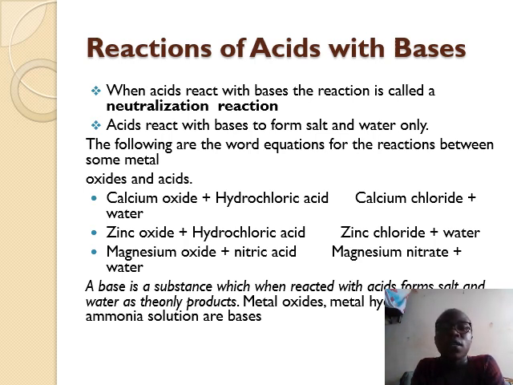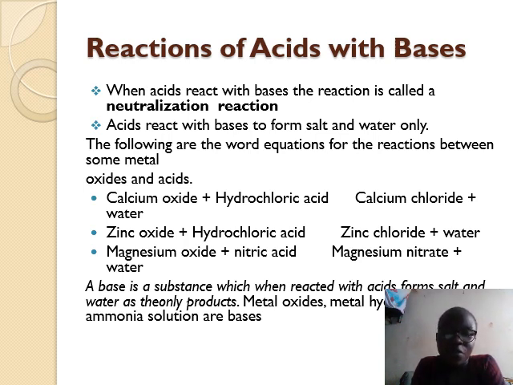So the following are the word equations for the reactions between some metal oxides and acids. All oxides and hydroxides of metals are bases. We should note that. So calcium oxide reacts with hydrochloric acid to form calcium chloride, which is a salt, and water.